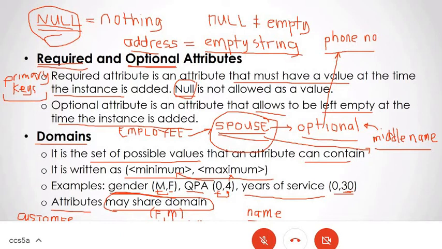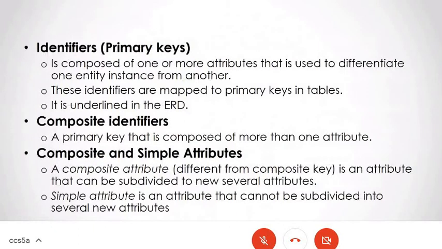So they are different attributes. But these two will share common domain. And that domain is the set of addresses. Okay, so it's possible.